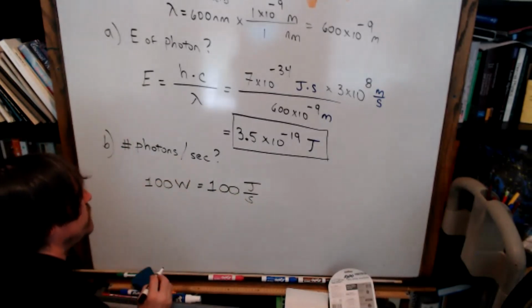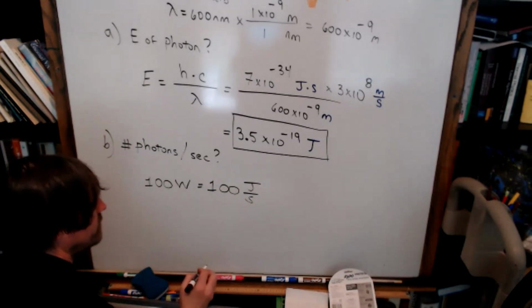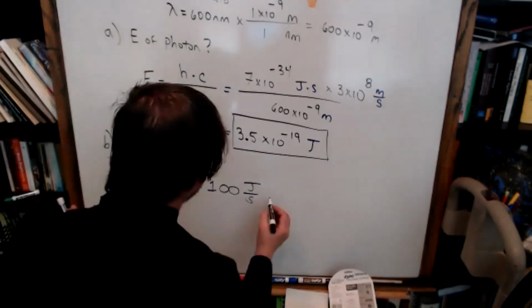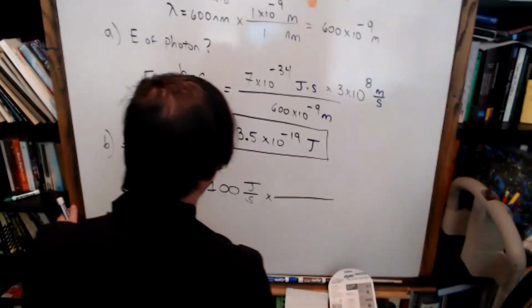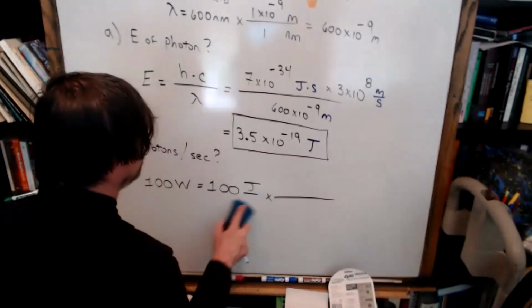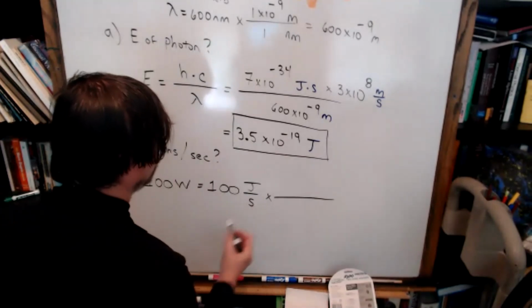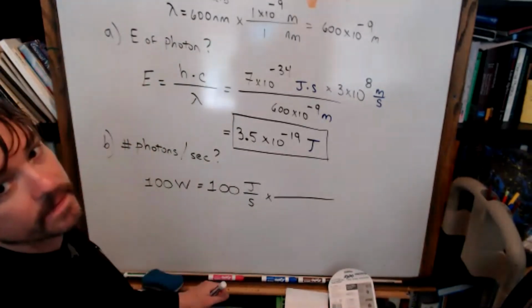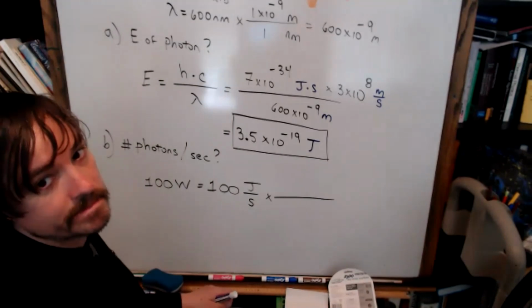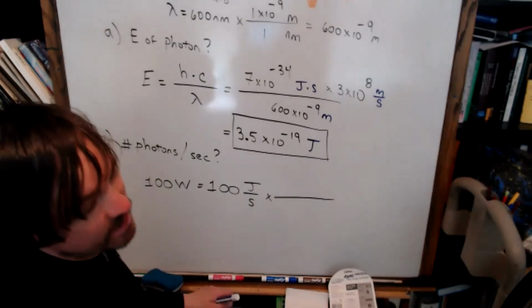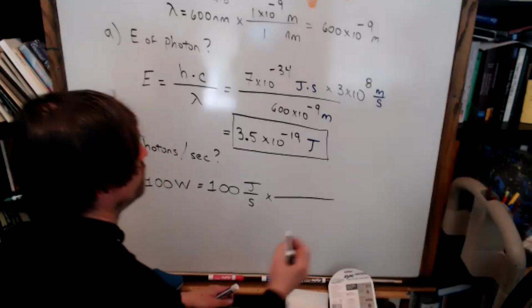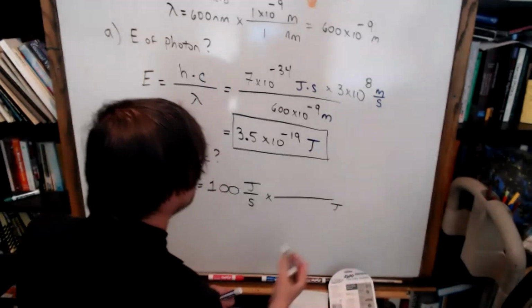I'm trying to get photons per second. So if I do this by dimensional analysis, since I don't know the formula, what units would I have to put in to end up with photons per second? You'd have to do joules, right? Where? On the bottom? Joules would go on the bottom. What would go on the top?